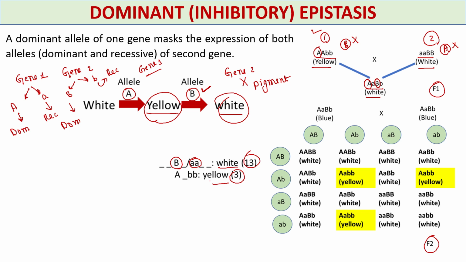All yellow flowers have two small b alleles and at least one capital A allele, so that the functionality of the capital A allele could not be suppressed by the capital B allele. The phenotypic ratio of the F2 generation is 13:3.